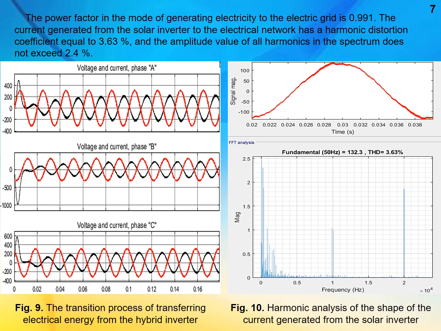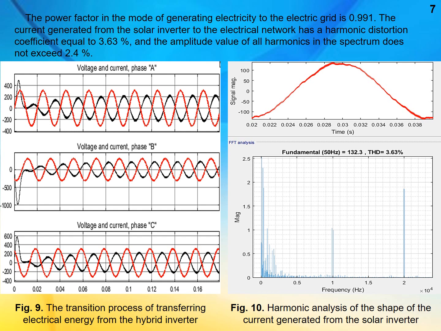Therefore, to improve the startup mode of the solar inverter, it is advisable to perform the startup with a precharge of the capacitor of the inverter to the level of a larger amplitude value of the line voltage of the network, figure 9.